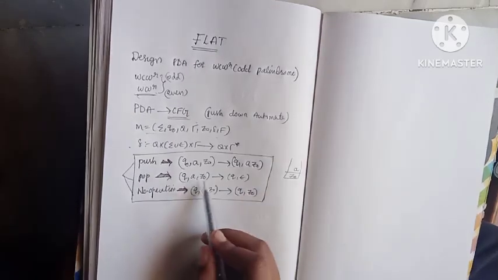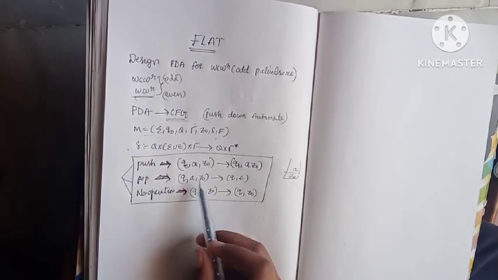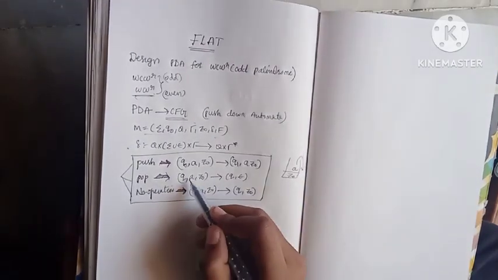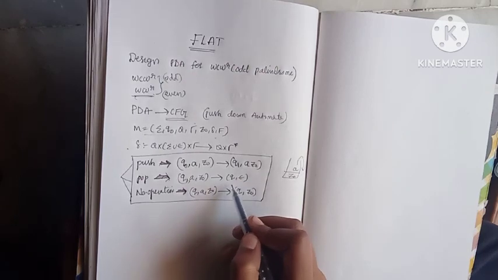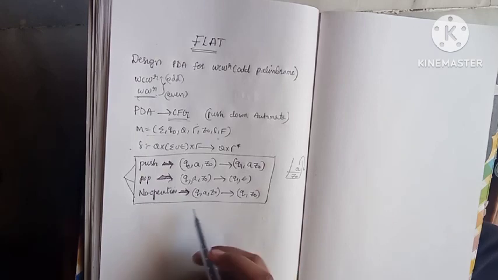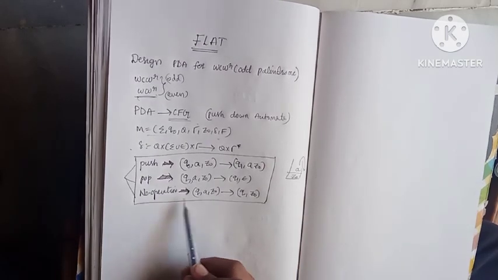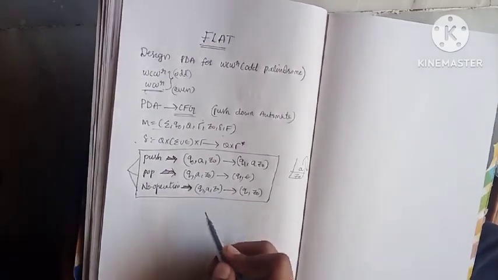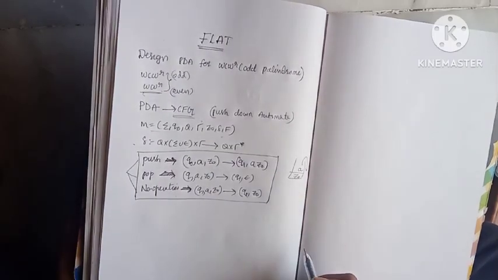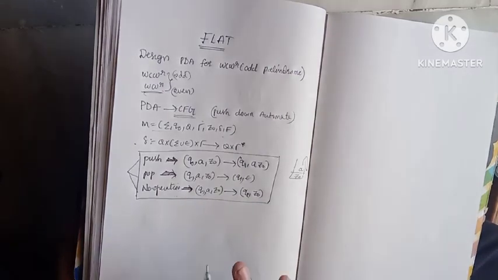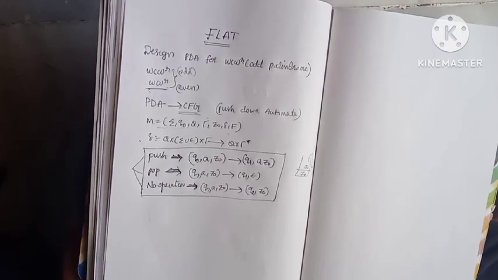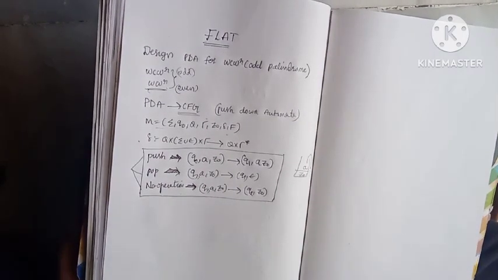If you want to perform a pop operation at q1, q1 comma a comma z0, we simply write q1 comma epsilon. And if you want to do no operation, then q1 comma a comma z0 will give q2 comma z0. These are the 3 operations we need to understand, because utilizing only these 3 operations we are going to design our PDA. So let us move on to the designing part.